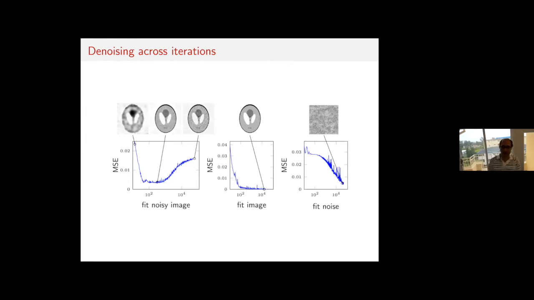But if you feed it pure noise, the network takes quite a while to fit that image, right? And so that's the intuition: somehow natural images you learn faster than noise. And this is again the intuition why early stopping helps, because you learn them faster.